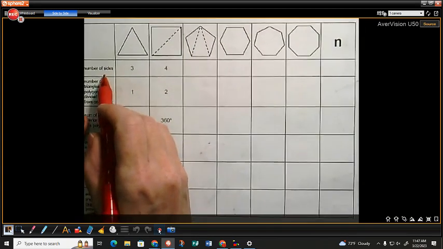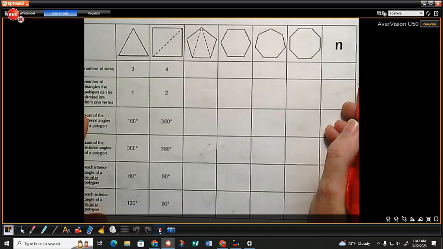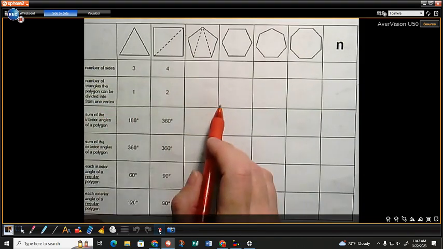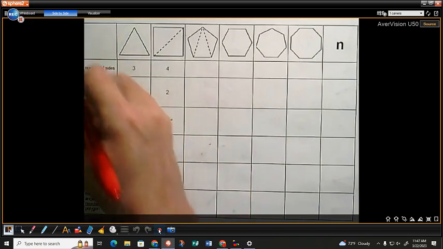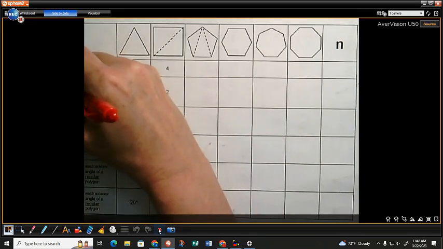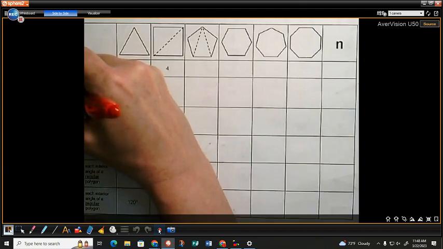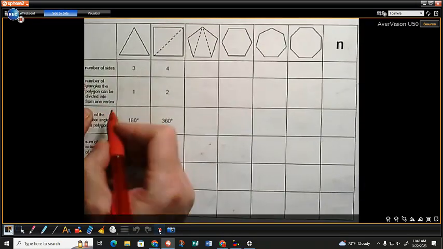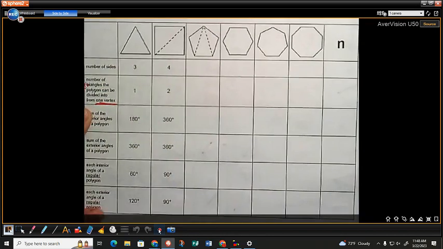You're going to be filling in the number of sides that goes with each one of these shapes. Then you're going to be finding the number of triangles you can divide it into using diagonals. And notice it's specifically from one vertex, just like we did on the previous page.